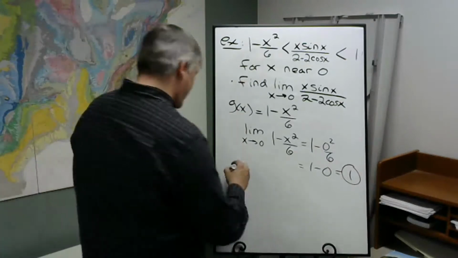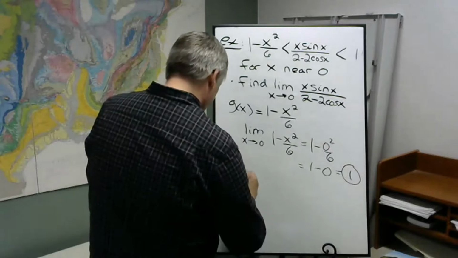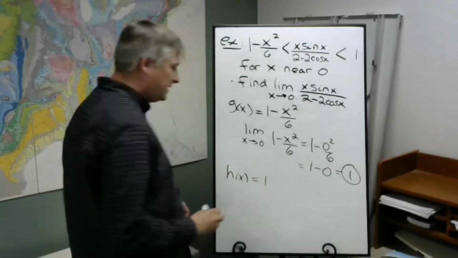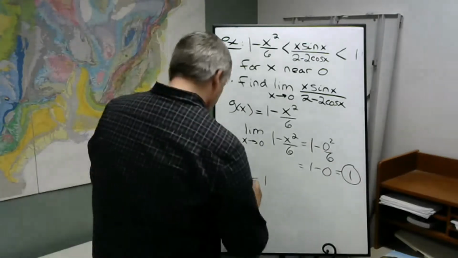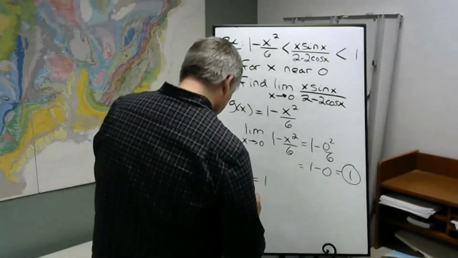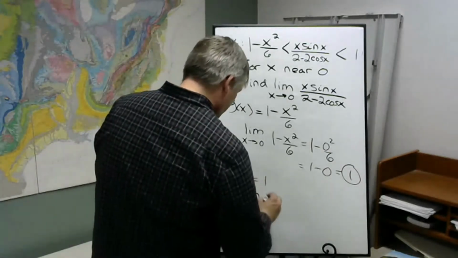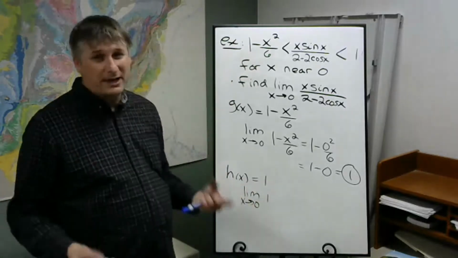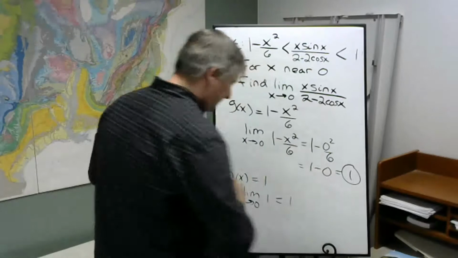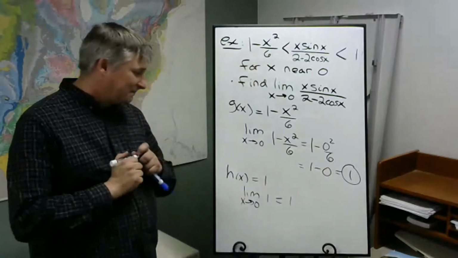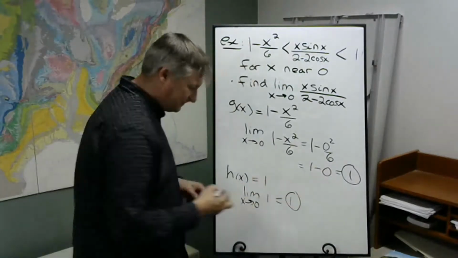Now let's let h of x be the constant function 1. So the limit as x goes to 0 of something that always has a y value of 1, well, that's just going to be 1. So this is what we've got.